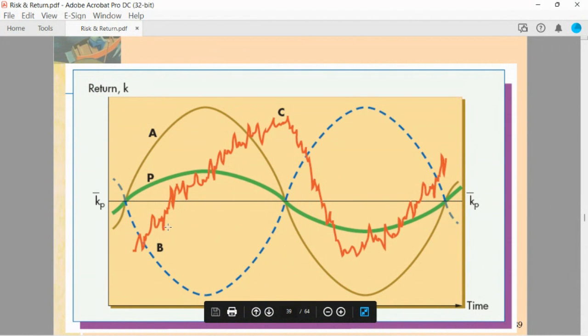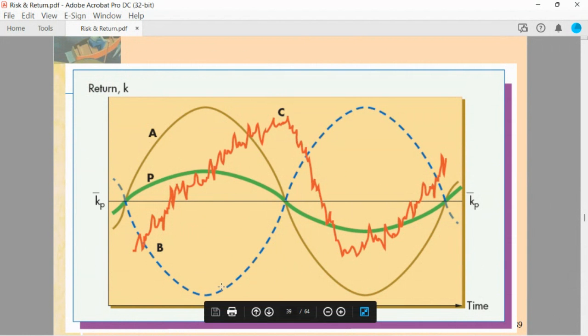Suppose we have stock A and stock B, and something like stock C. Now, what do they look like?